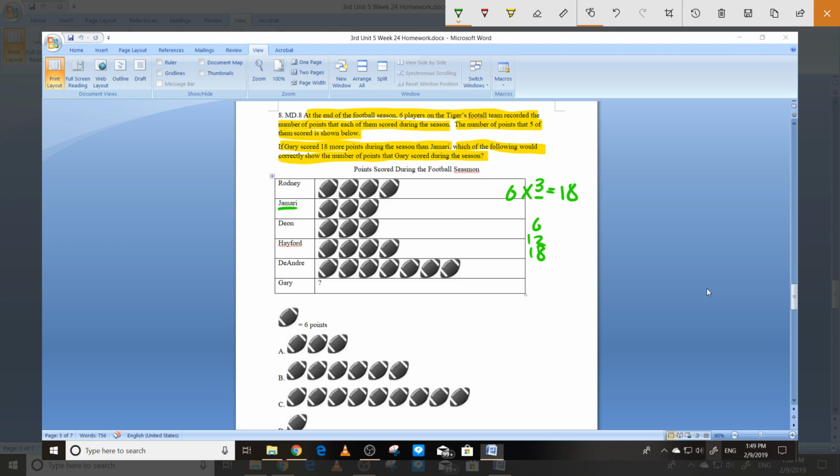So Gary would already have the 3 footballs Jamari scored, and then he would have 3 additional footballs in his picture. So in total, 6 footballs. Which answer choice had 6 footballs? It's B. See? That is why B is the correct answer. And that's how you solve number 8.